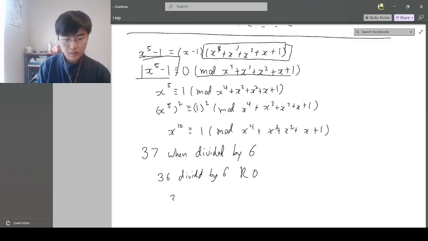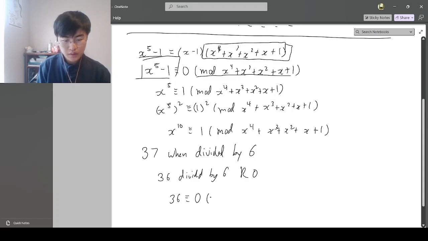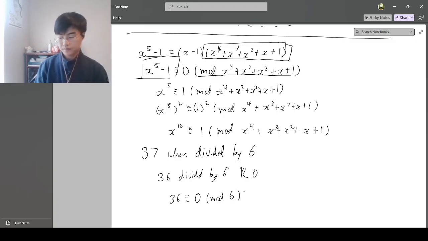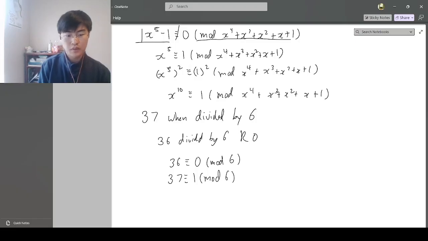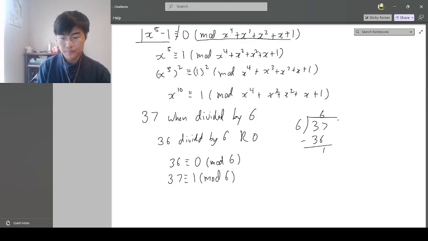So in other words, using the same notation, we would say something like this. Now, if we say 37, so I add 1 to both sides, then the remainder has to be 1. And this is pretty obvious since if we just do a long division here for 37, it would give us the same exact problem.